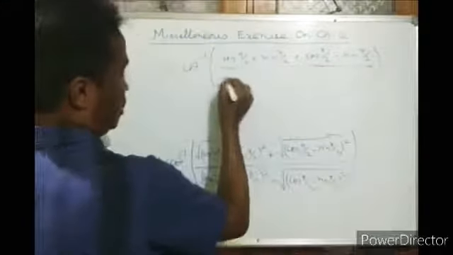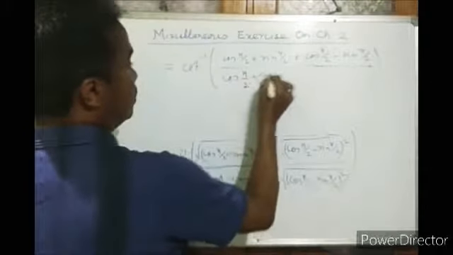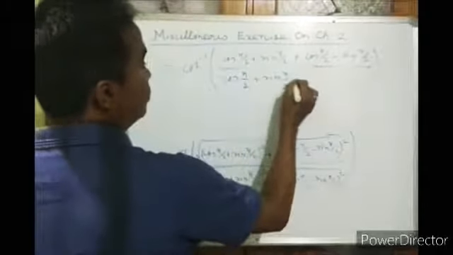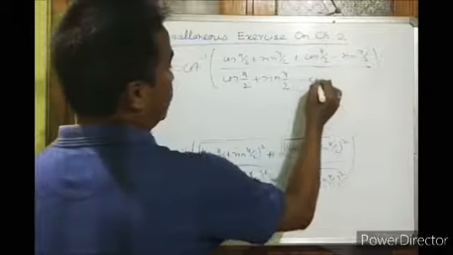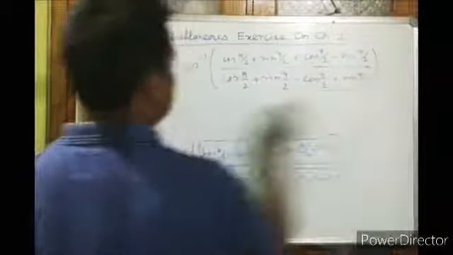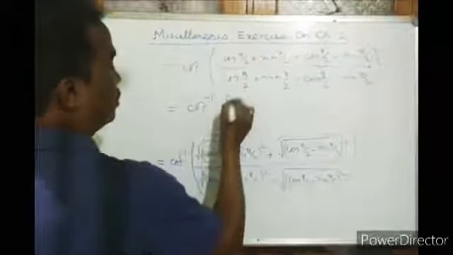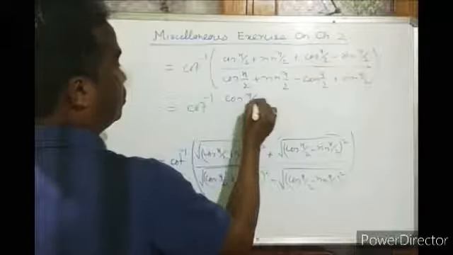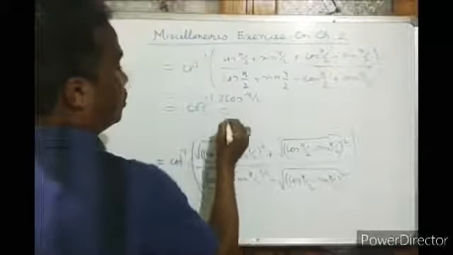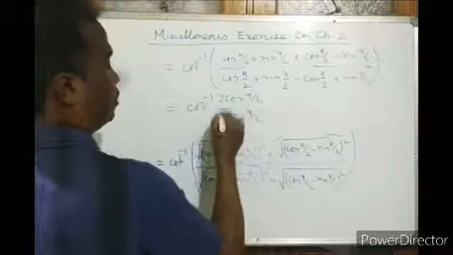So here also the same: cos x by 2 plus sin x by 2 minus cos x by 2 plus sin x by 2. So this is equal to cot inverse of twice cos x by 2 over twice sin x by 2, 2 cancels.